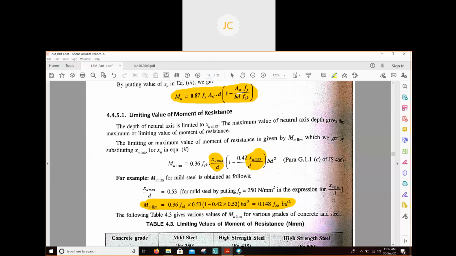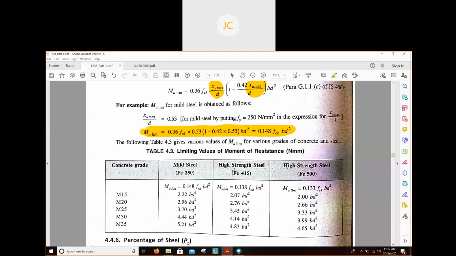Similarly, you can see here, different grades of concrete are given, for mild steel, Fe415, Fe500. All values are given. For M15 you will get this formula, for M20 this, for M25 this.